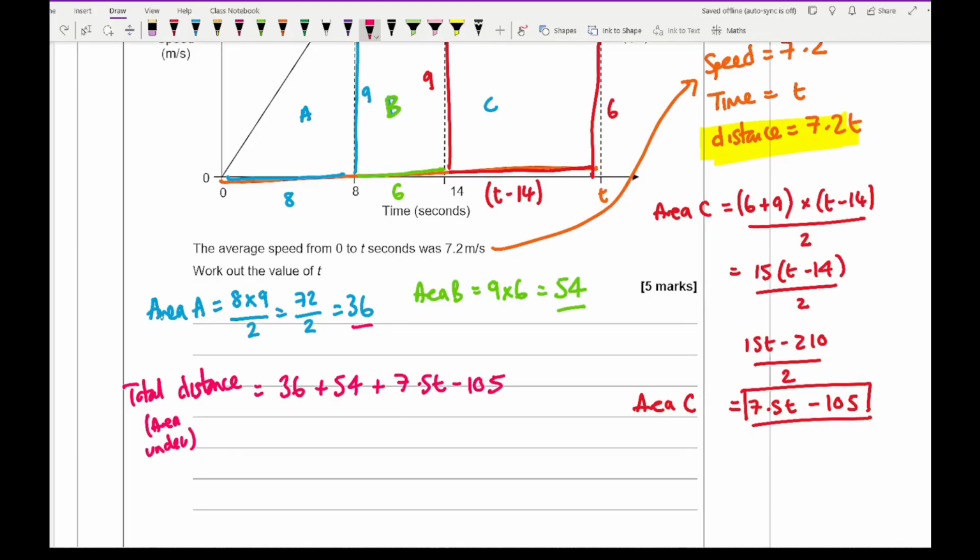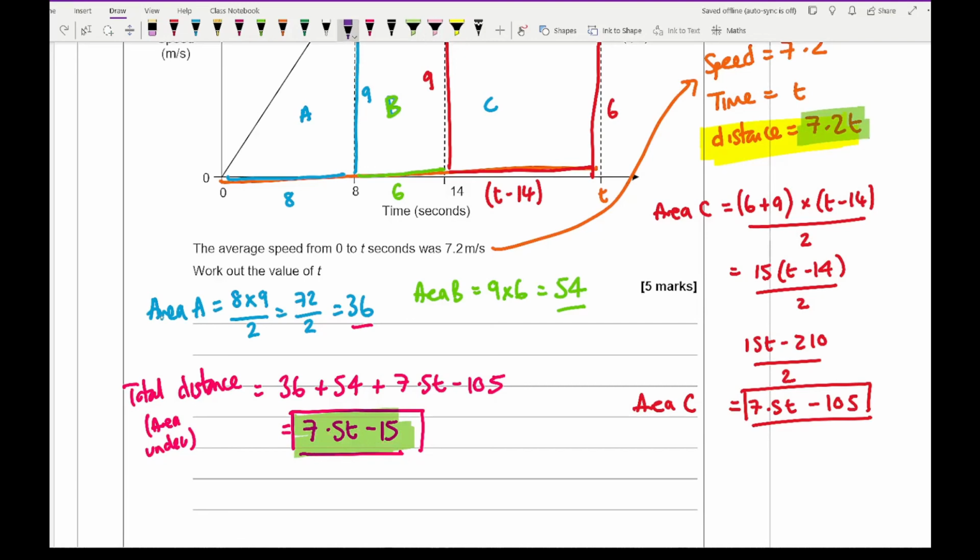Now if I neaten all of this up, then what I end up with is 36 plus 54 minus 105, and that gives me minus 15. So it's going to be 7.5t minus 15. Now this area here, if I just highlight that, so that distance must be the same as that distance there.